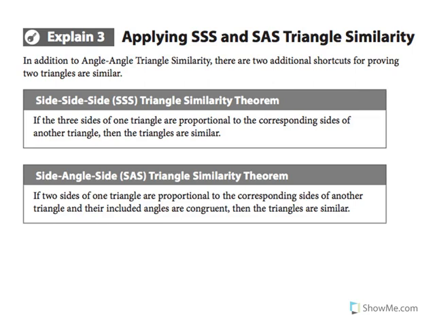Side-angle-side triangle similarity theorem: if two sides of one triangle are proportional to the corresponding sides of another triangle and their included angles are congruent, then the triangles are similar.